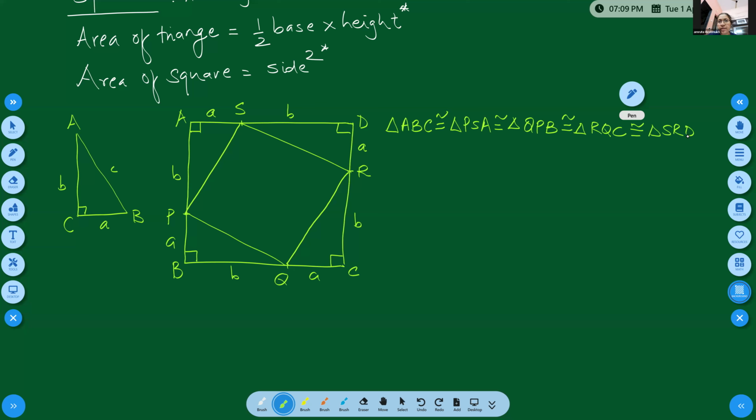Sir, will it be RCP? Wait. ABC is congruent with PSA, QPB, RQC, SRD. I think this is correct. Yes sir, it is correct, my mistake, I had given ABC differently. Okay.